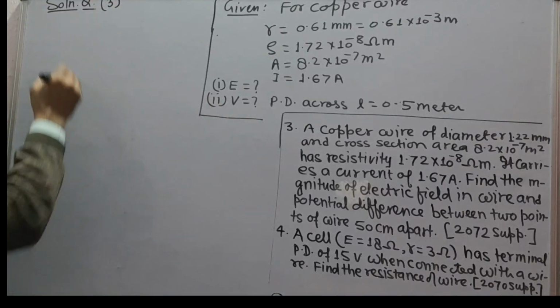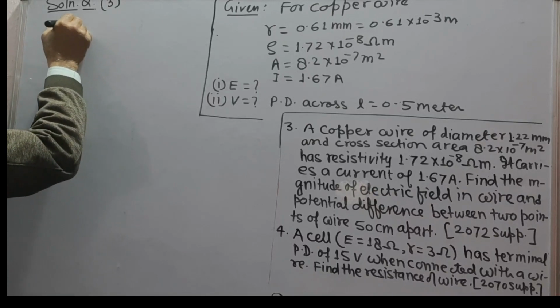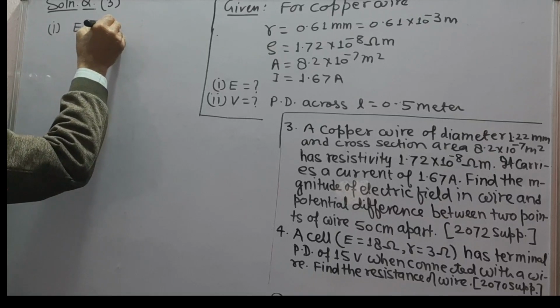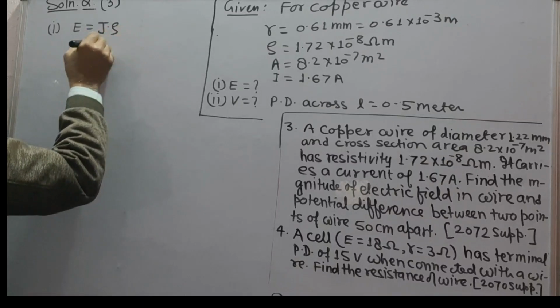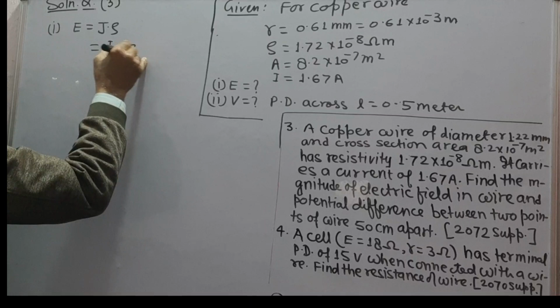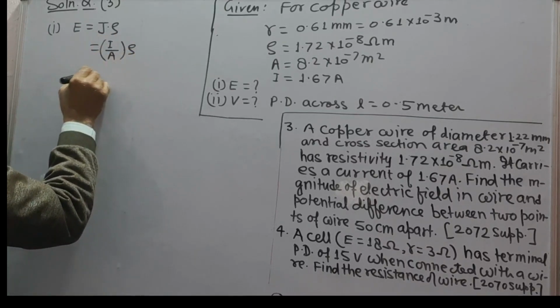Now, first we know electric field intensity is J into rho, where J is I upon A. So it becomes I upon A into rho.